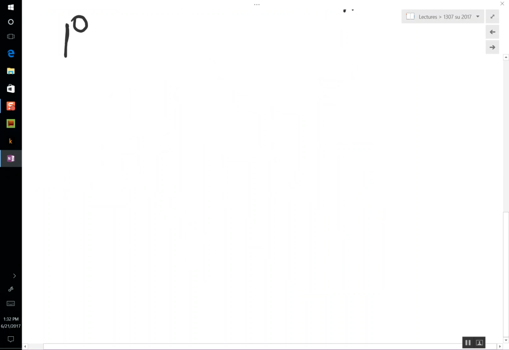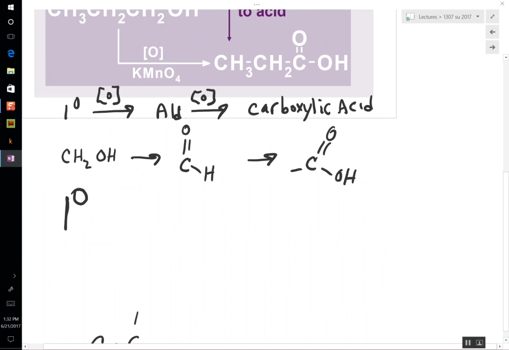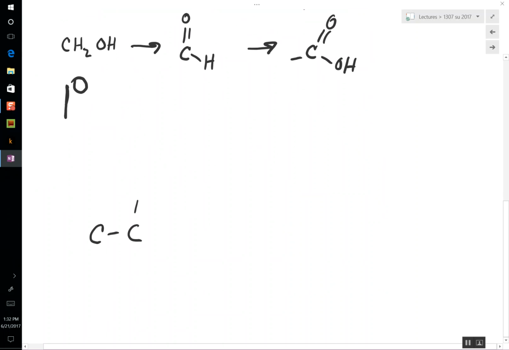So let's just take a real simple alcohol. Okay, complete the oxidation of ethanol. Why don't you take it through both steps?